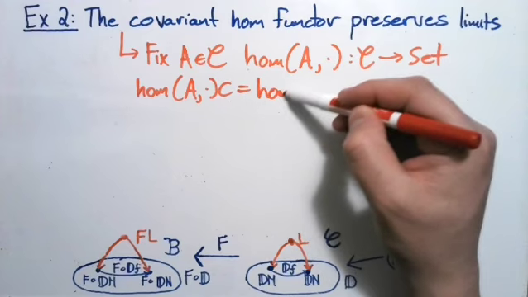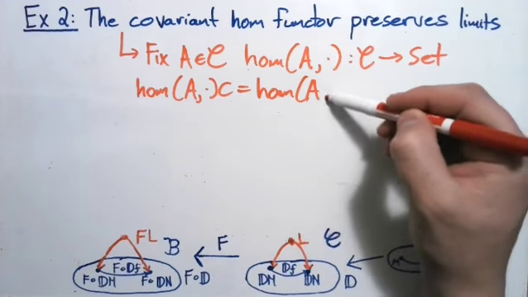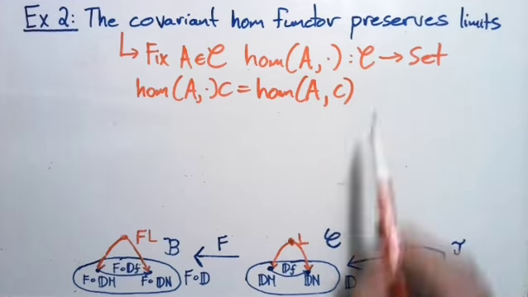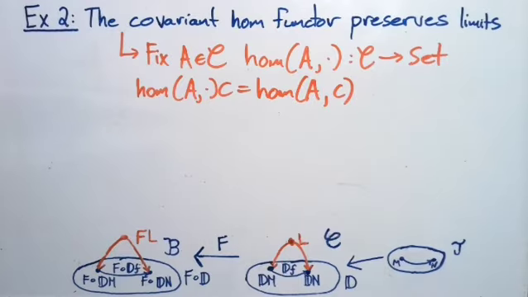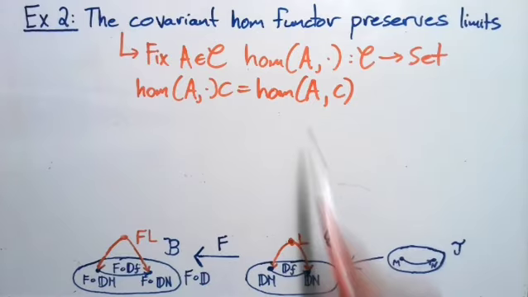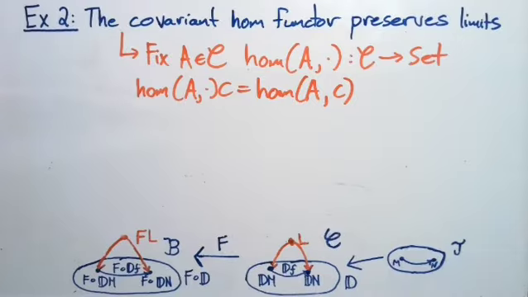So we get hom(A, C), right? Takes in an object in C and returns a set, namely the hom set from A to C.